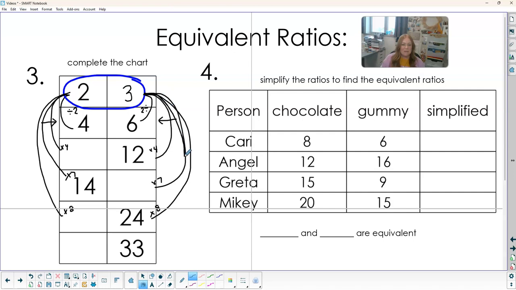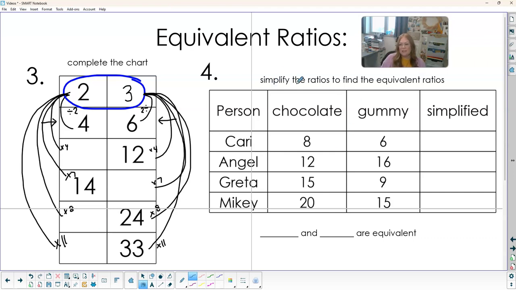And then our last one, how do I get from 3 to 33? So I know 3 times 10 is 30. So it's one more group. So 3 times 11 is 33. So now over here, we need to do 2 times 11 to put our answer here.